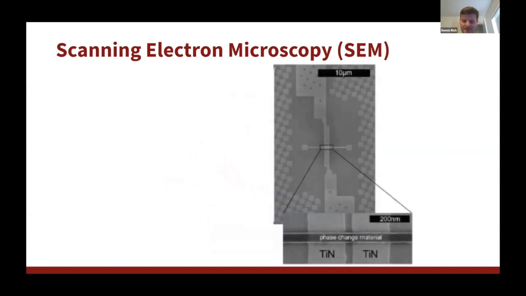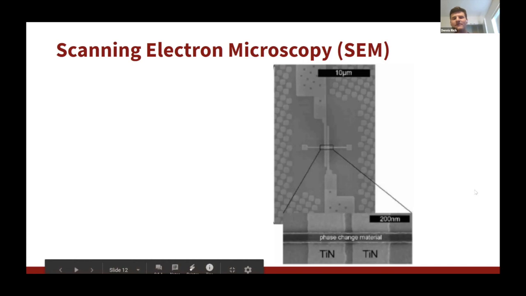But this is an example of a picture taken using SEM. You can see the units of scale there, and you have probably gone over micrometers and nanometers and exactly how small they are, but this is a very small picture. There is a tiny bit of phase change material in this picture, because this is an example of a characterization structure we would use on phase change material.